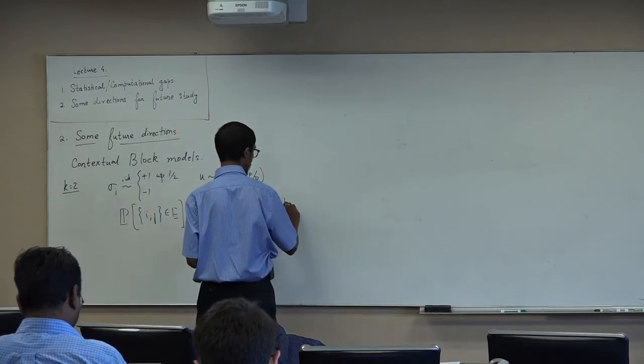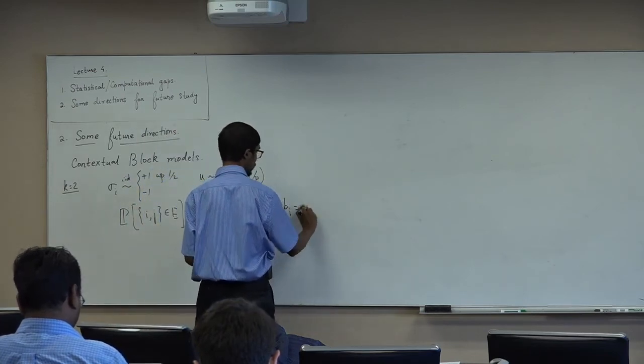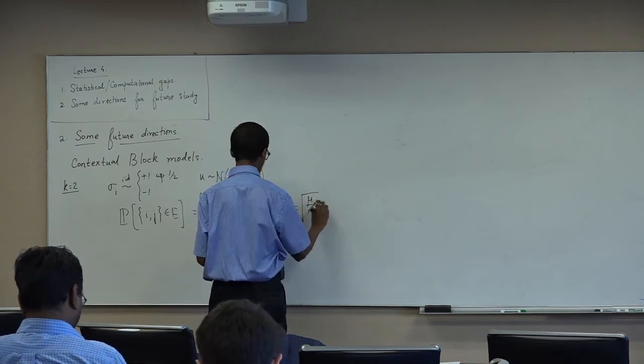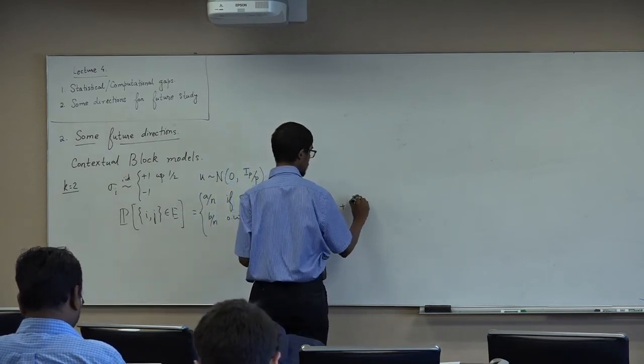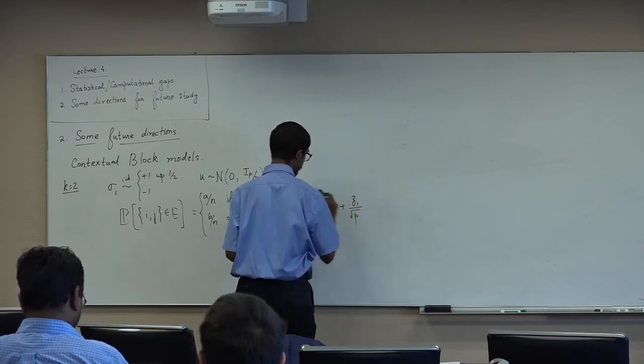And I have these vectors b_i at every node, which are like mu over root n, sigma_i u plus z_i over square root p. Okay?